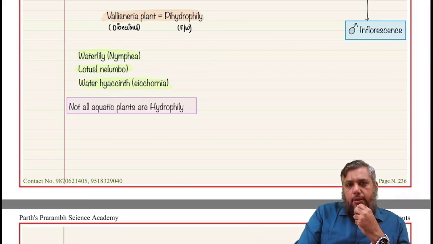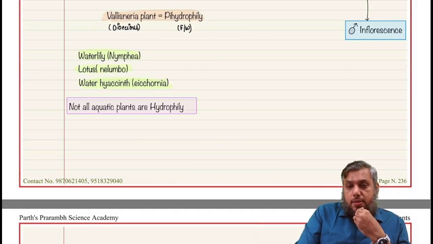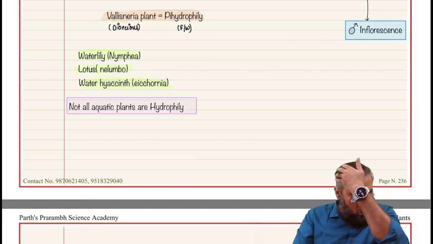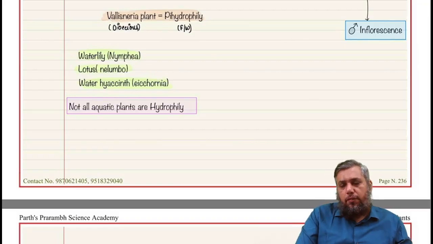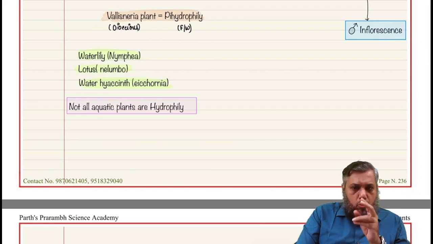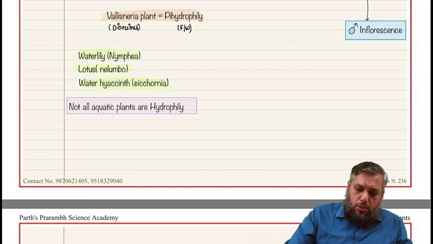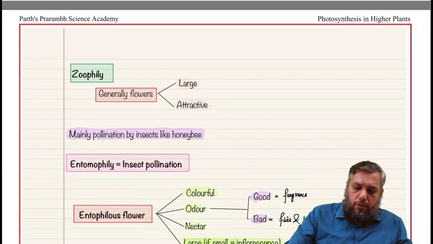If you look at these examples, water lily, Nymphaea, lotus, that is Nelumbo, water hyacinth, that is Eichhornia, all these are beautiful colored flowers blooming at the surface of the water. So definitely they will be pollinated by zoophilous agents. In most cases, it is going to be entomophily, pollination brought about by the agency of insects.